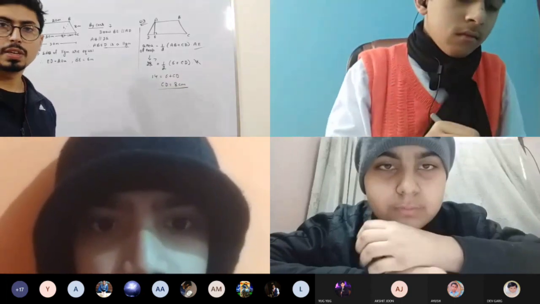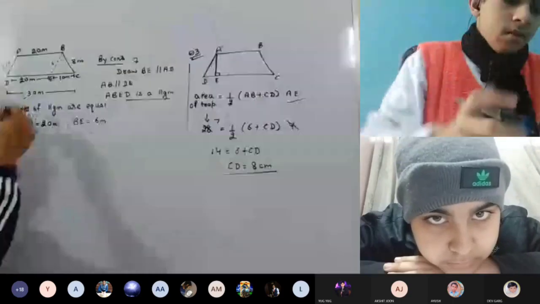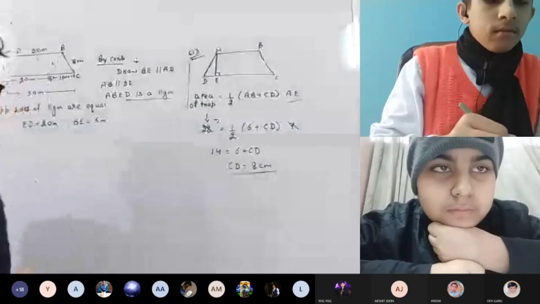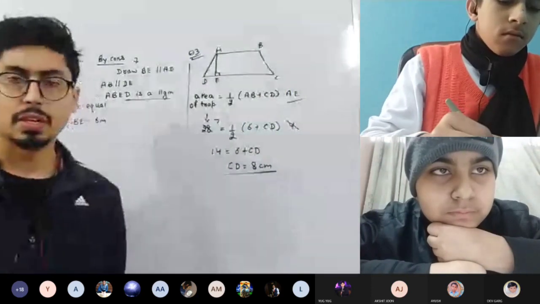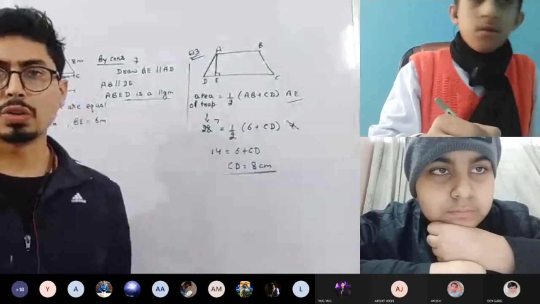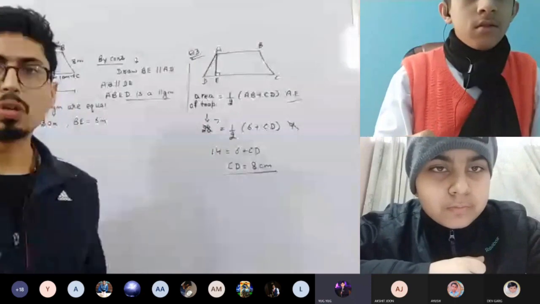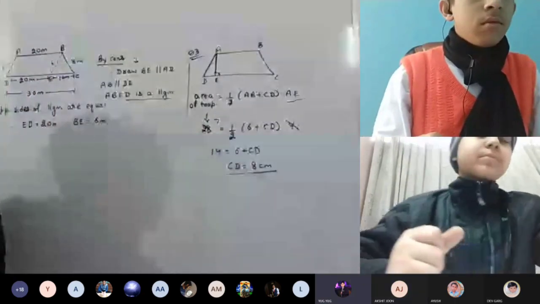Yes, students. Now see, what I have to do, I have to find out the area of this trapezium. So what I will do, students? Students, you know what is Heron's formula? No, sir. Okay, you don't know Heron's formula.